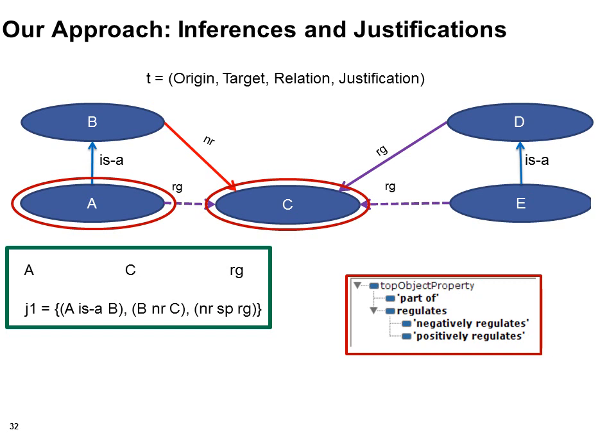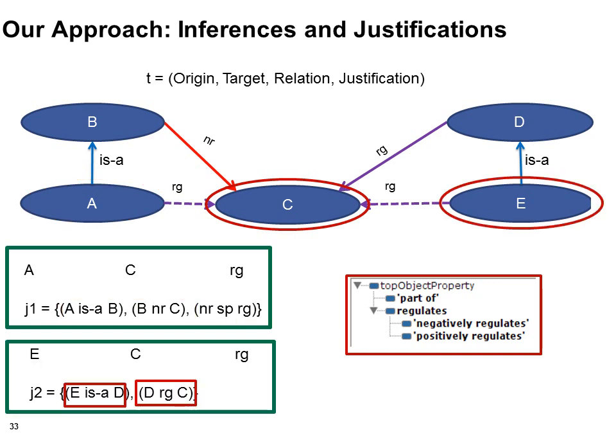So, for example, to represent that there is an implicit relation between A and C, and this relation is regulates, we will have an instance of this tuple where A is the origin, C is the target, the relation is regulates, and the justification is that A is a B, B negatively regulates C, and negatively regulates is a subproperty of regulates.